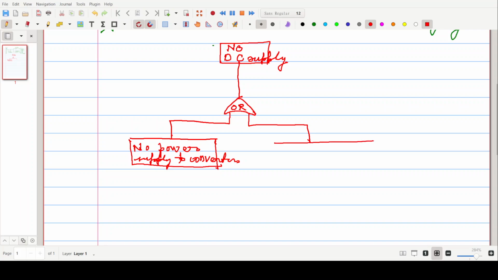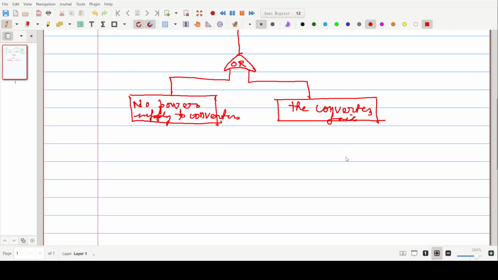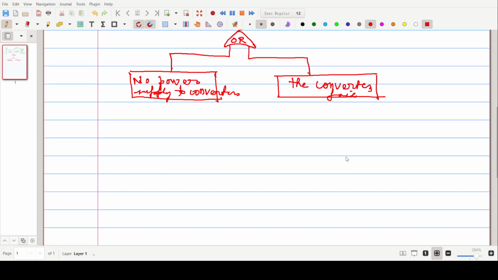Okay, or the converters fail. Converters fail. Okay, that means there is power supply, but somehow the converters fail.